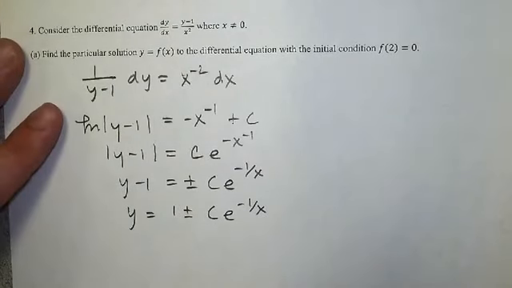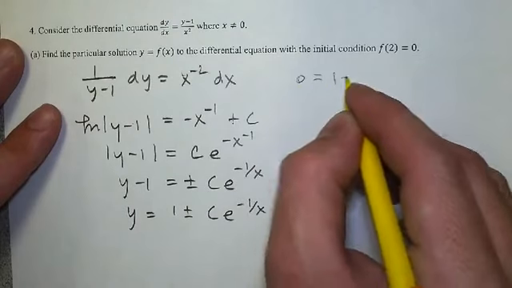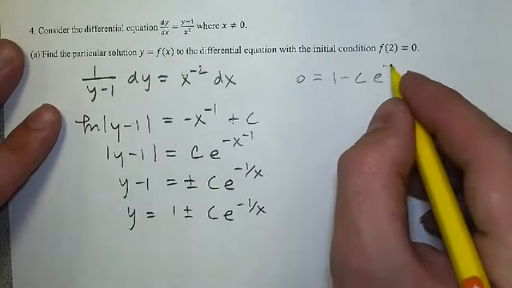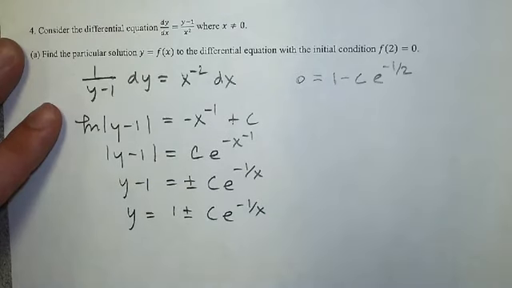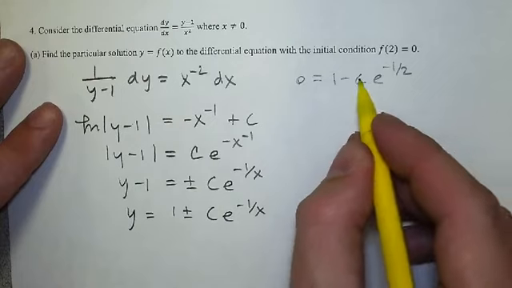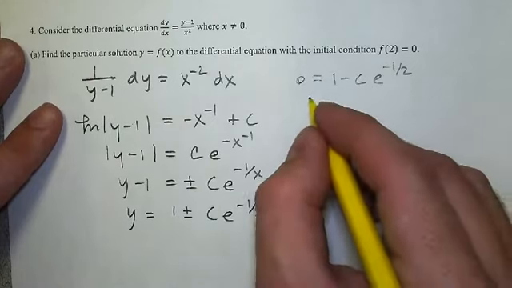Okay, if f of 2 is equal to 0, then I've got 0 equals 1 minus c e to the negative 1/2. All right. Well, hold on. If this is e to the half and I need this to be equal to 1, I need c to be e to the 1/2.